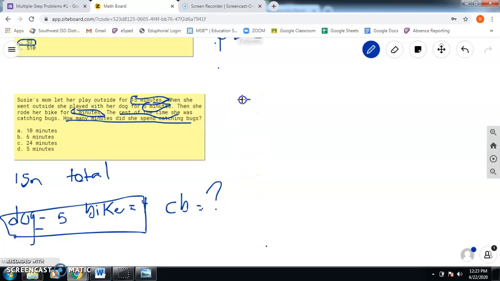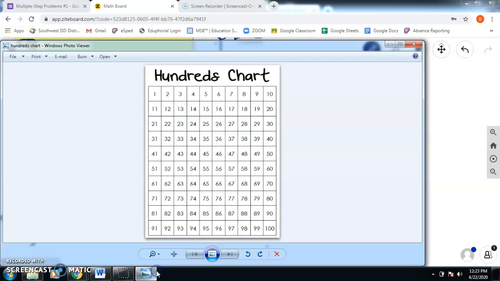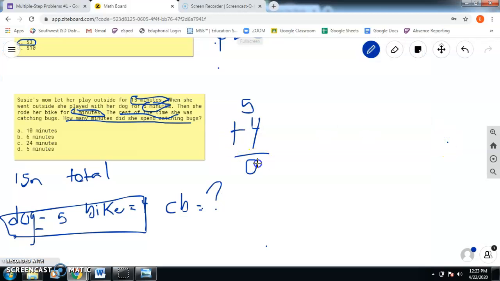So then that first step is to add 5 plus 4. Okay, using our number chart. Start at 5, add 4. 1, 2, 3, 4. That was 9. So we know for sure that playing with her dog and riding her bike cost 9 minutes.